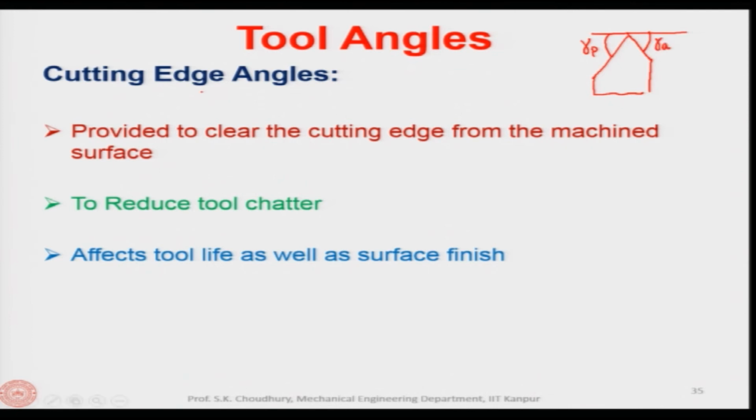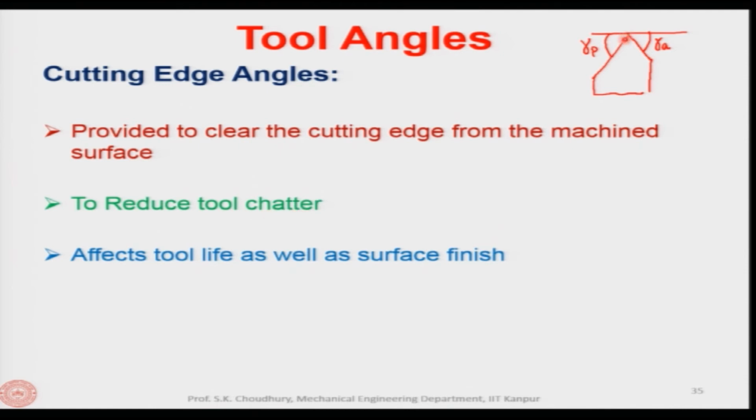Now, these angles are given to clear the cutting edge from the machined surface. Here we have the machined surface where the flank face is rubbing against it. So, these edges have to be cleared so that they are not rubbing against the machined surface again. This reduces the tool chatter.